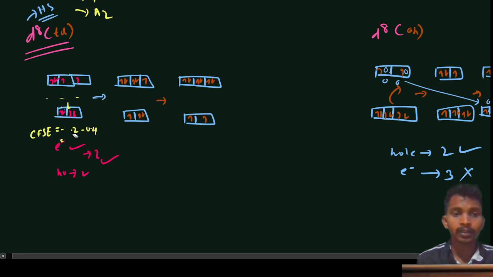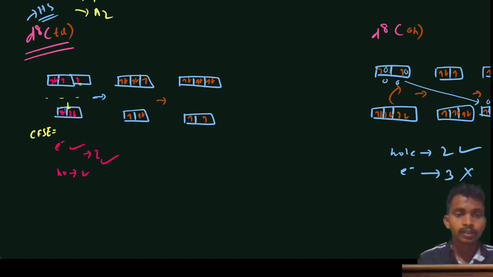This whole value is going to be minus 1.2, because I know that if fully filled or all half filled, that will cancel out. So for the remaining ones we will calculate the CFSE. So 1.2, 2 are there, and this is 1, and here we will multiply by 0.4, and here we will multiply by 0.6, because 2. So that is minus 1.2.